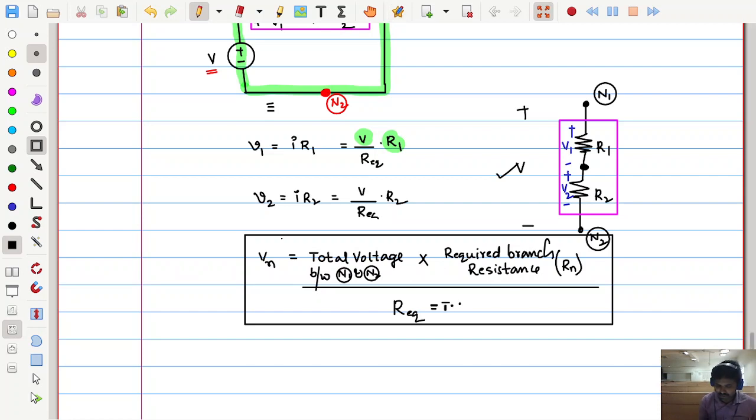So the total voltage across the entire branch, into the corresponding branch resistance, divided by total resistance. This is the voltage division rule, which we can utilize in solving circuit analysis problems.